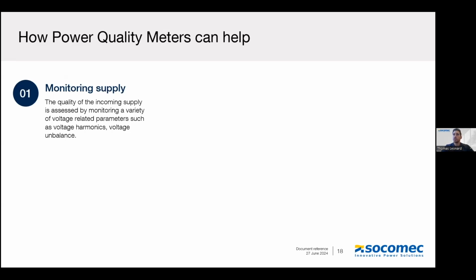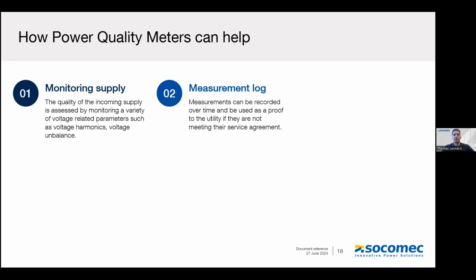So monitoring the supply, making sure that the power provider is meeting the service agreement, making sure that the quality that he's supplying is good for your facility. The fact that power quality meters can log measurements over time, they can be recorded, so you can use that as proof to your power provider if they're not meeting their service agreement.